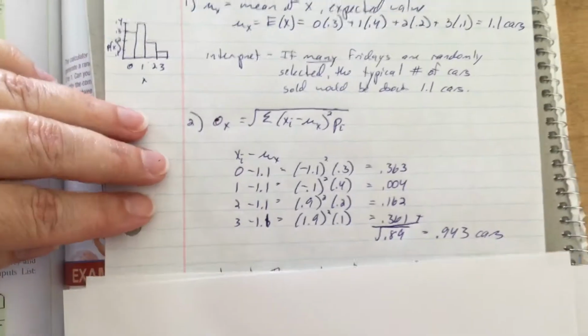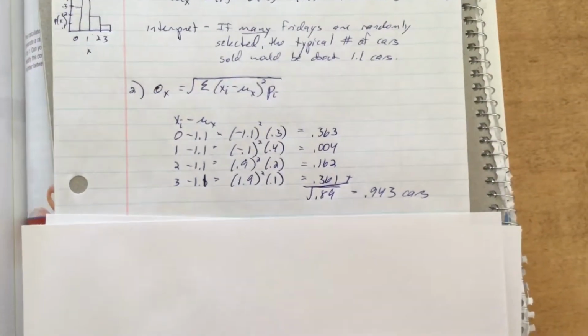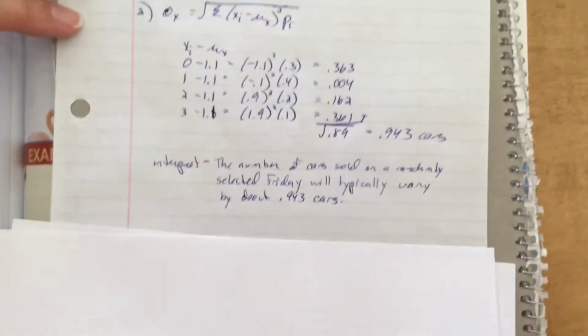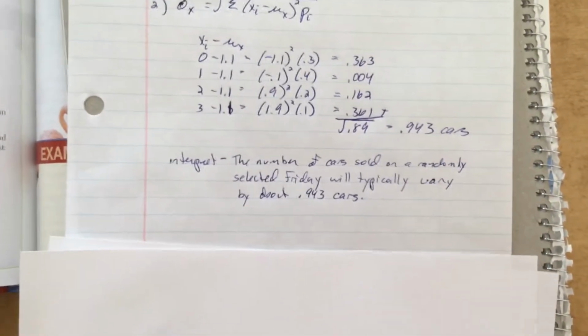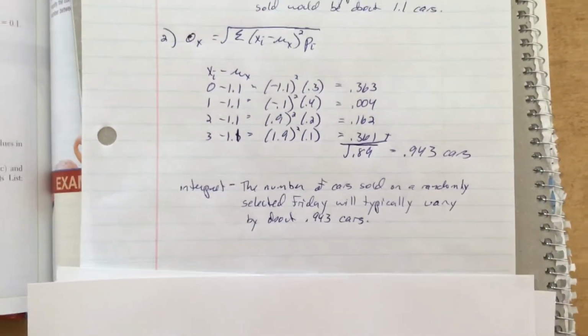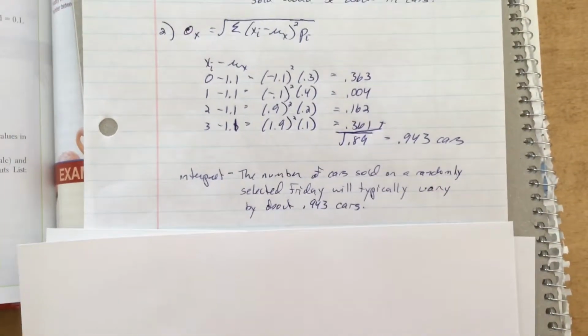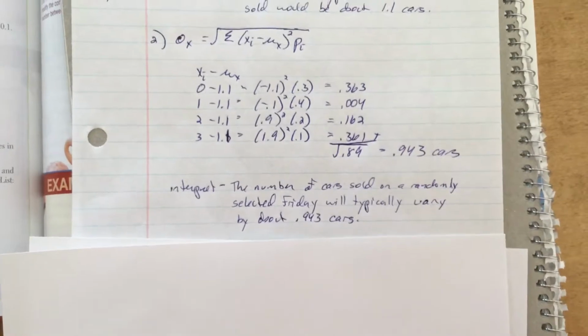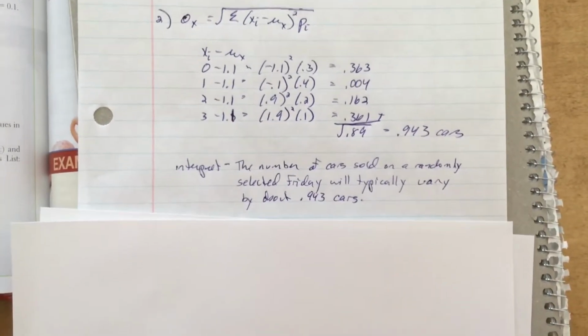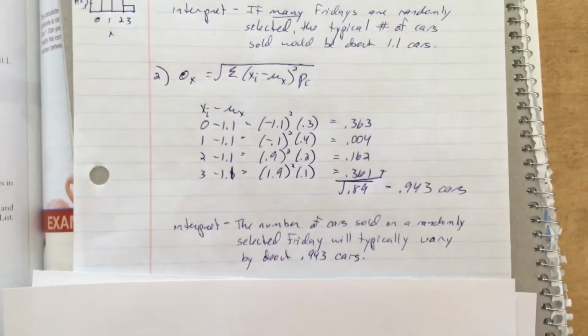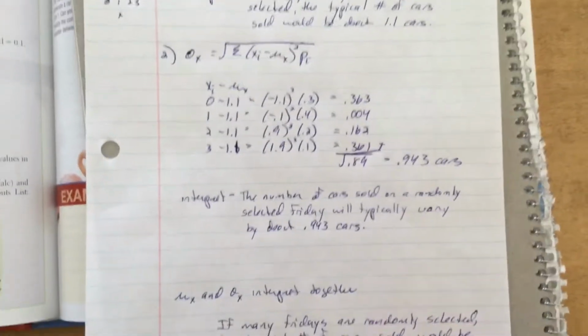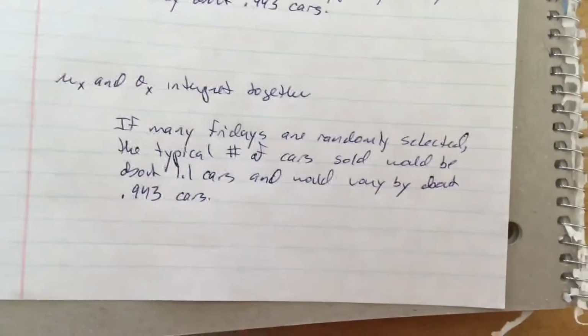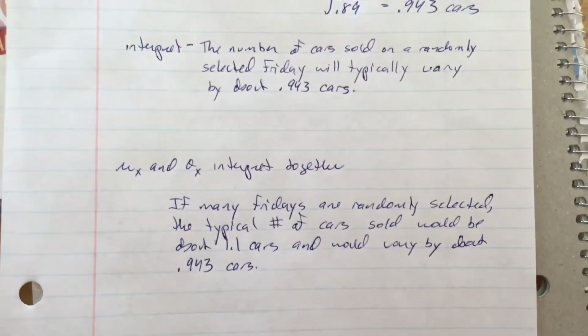If I interpret this, the number of cars sold on a randomly selected Friday will typically vary by about 0.943 cars. Now if I put my interpretations together, I would say if many Fridays are randomly selected, the typical number of cars sold will be about 1.1 cars, and that would vary by 0.943 cars. So there's my combination of my interpretations.